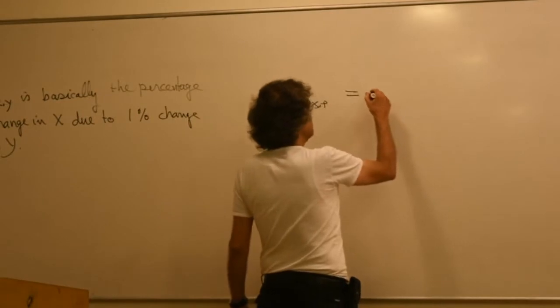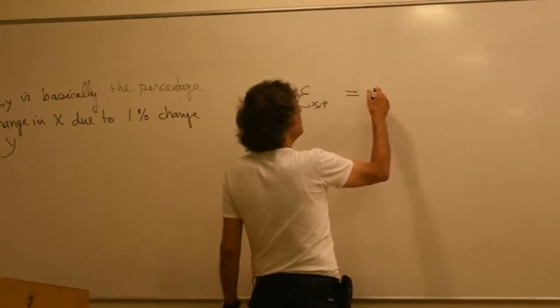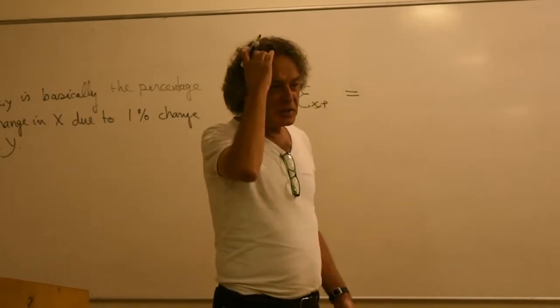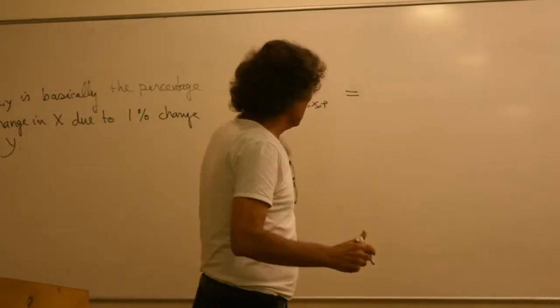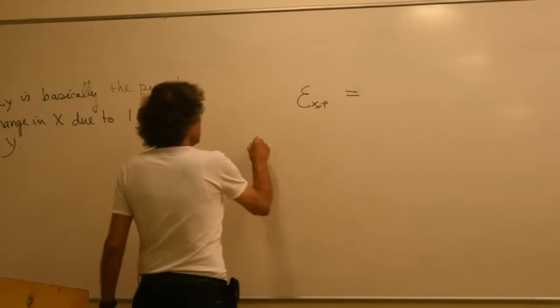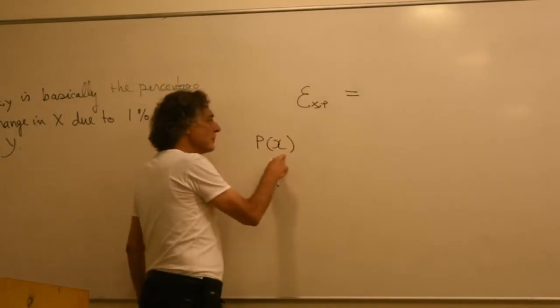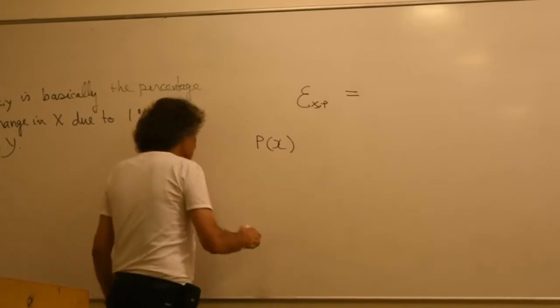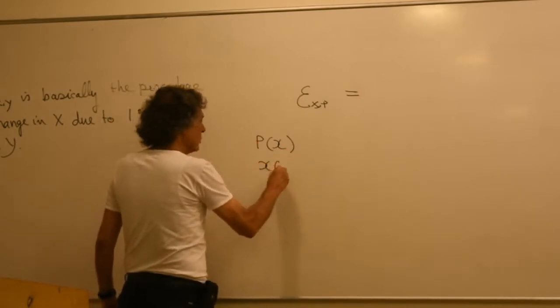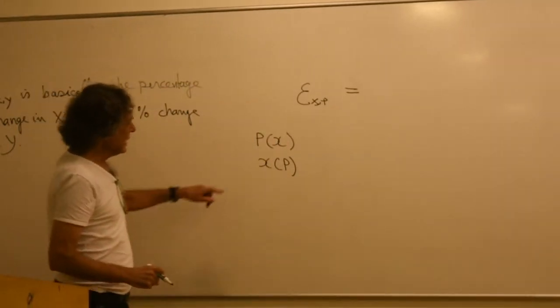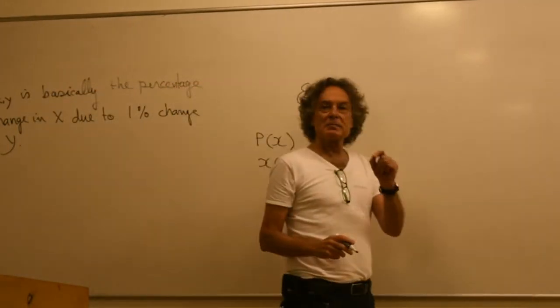Let's say that we'll do everything with respect to the price or with respect to the quantity. So let's say that my demand is P of X, and this is the inverse demand. But then I can look at X of P. You know what, let me do the X of P. So the X of P, I change the price by a little bit.